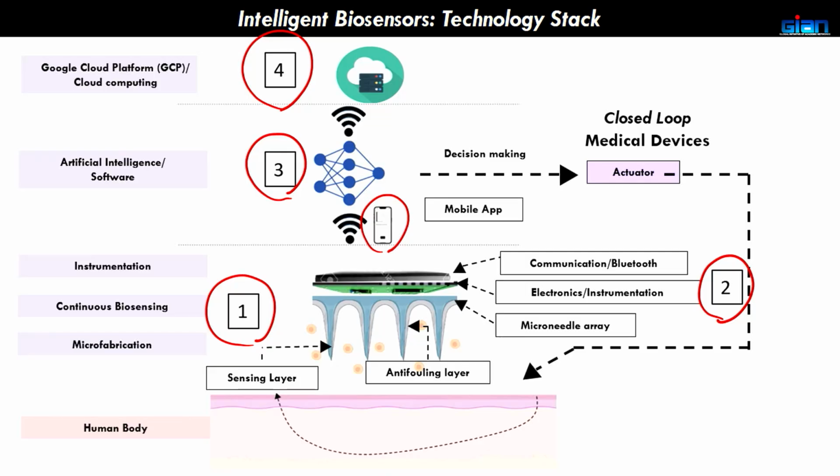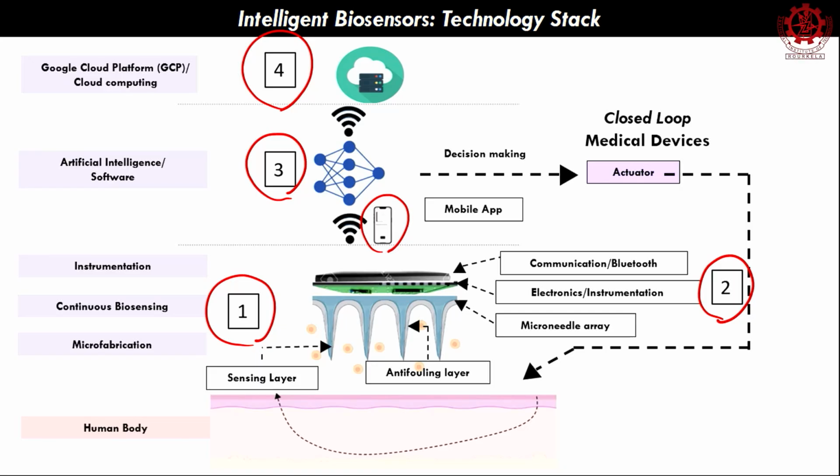They make chip designs, integrated circuit design, very low power devices, low noise devices, and some are purely into stack 3, AI. But generally, whoever I have seen in the domain of biosensors, they work in at least two technology stacks, either 2 and 3 or 1 and 2. And finally the cloud computing is mainly used for data storage and model training if required. So shall we proceed, or do we have any more questions?